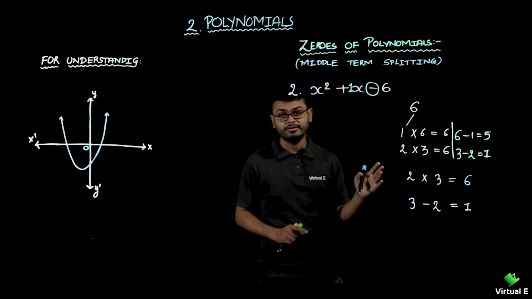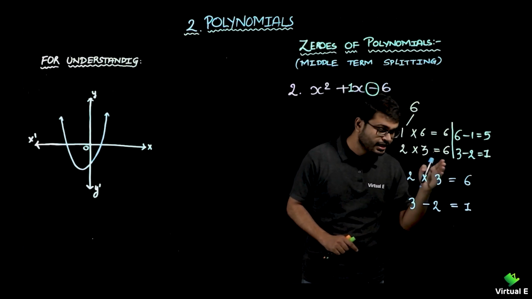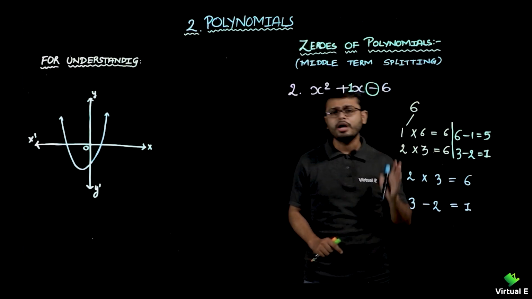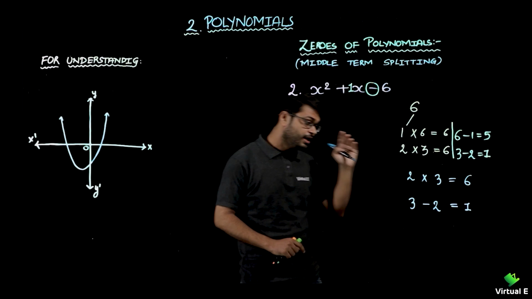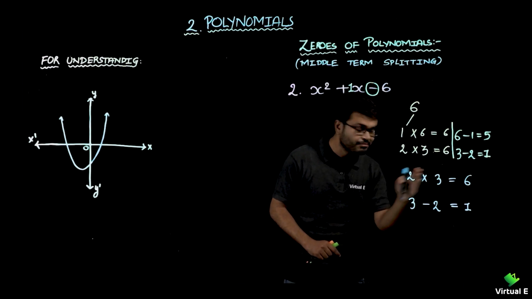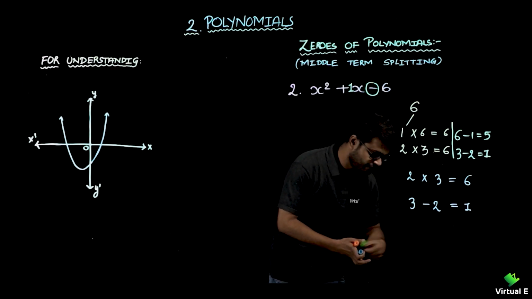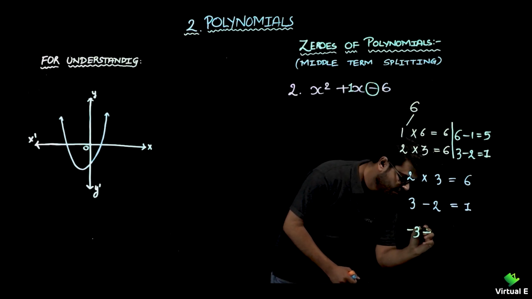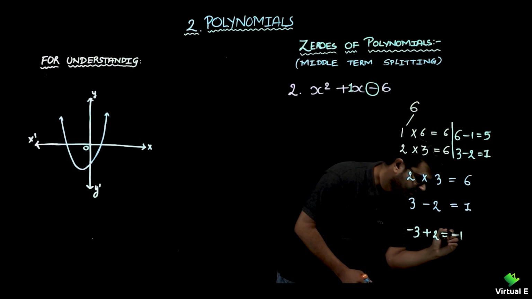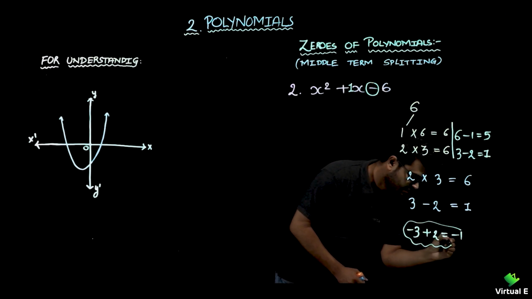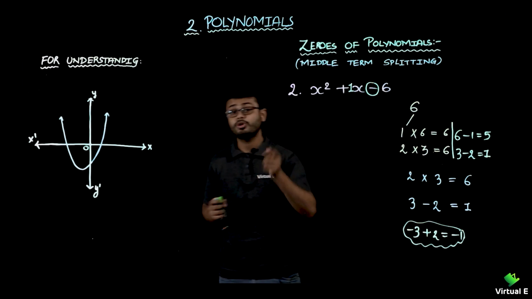How will it be negative? Either you take -3 or -2. Now if you take -3, the value will change. Let me write with another pen, -3 plus 2, so that will be -1. Remember this case, that will be -1, not positive 1.